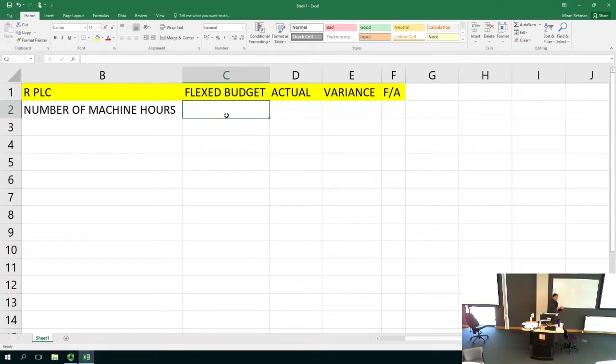So our fixed budget was 9,000 hours. Our flex budget will be prepared for actual hours. The volume variance should be 0, and it is not applicable here.